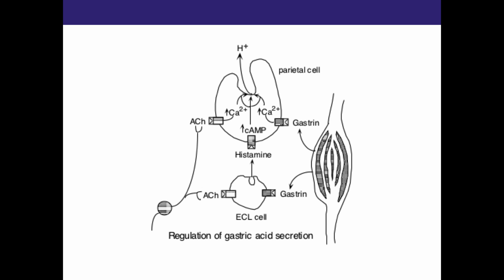So that's why it's called an ECL cell. Okay, so if we go back, you can see here's the ECL cell. It's actually secreting histamine. And then our neurotransmitters, these are supposed to represent parasympathetic neurons. Remember our resting and digesting neurons. They secrete acetylcholine.